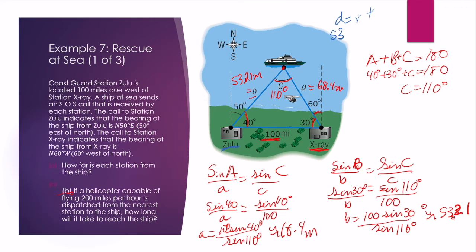So I'm going 53 miles, and I'm trying to figure out how long it's going to take. So let's solve for time. Distance over rate is time. My distance is 53.21. My rate is 200. So I get about 0.27 hours, which is 16 minutes and 53 seconds.